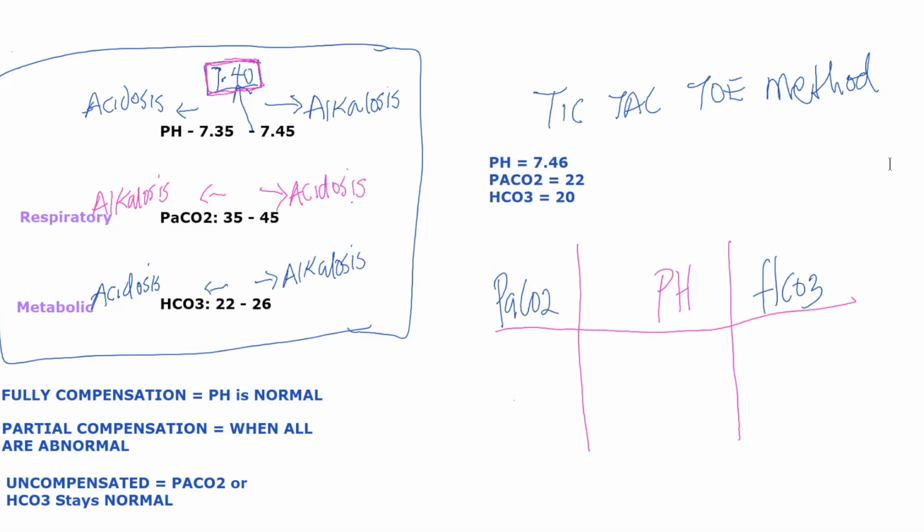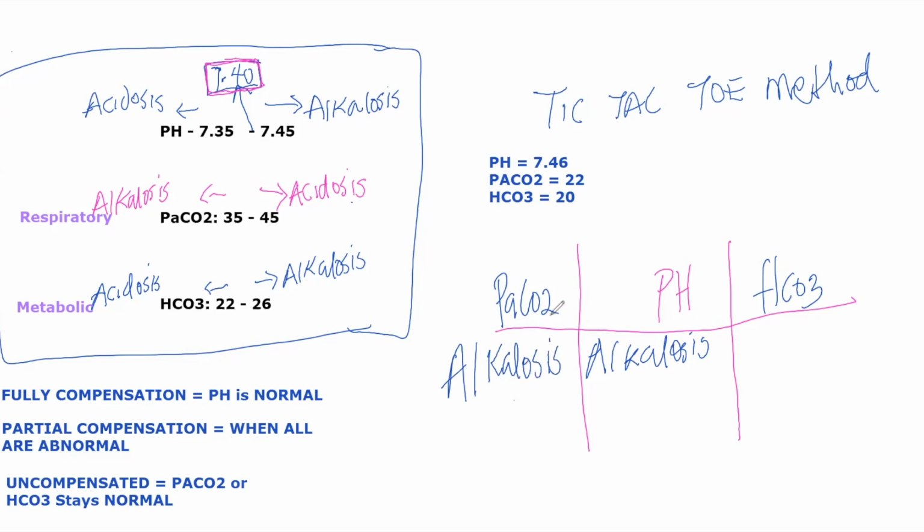All right, so we have a pH of 7.46. Looking at our reference on this side, it tells me that it is alkalotic because even if it's just by 0.01, it is still greater than my 7.45. So it is alkalosis. And PaCO2 of 22 is less than 35, so it is also alkalosis.